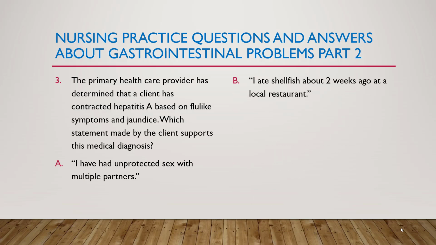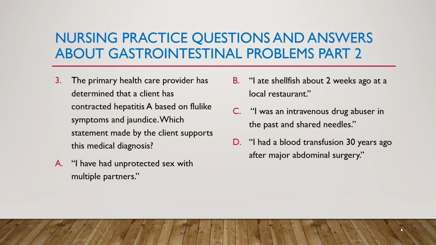Option B. I ate shellfish about 2 weeks ago at a local restaurant. Option C. I was an intravenous drug abuser in the past and shared needles. Option D. I had a blood transfusion 30 years ago after major abdominal surgery.